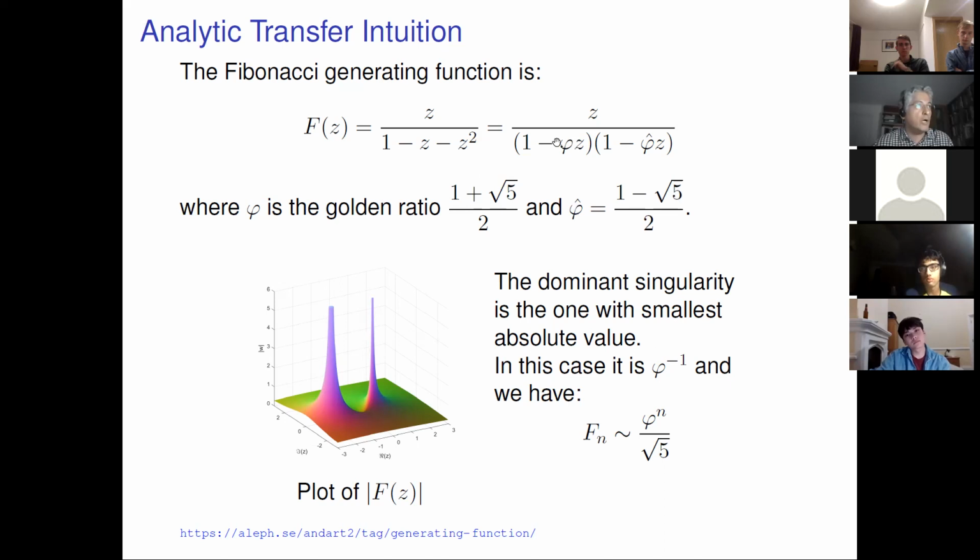I have written it this way so that the singularity phi to the -1 is the one closest to the origin, and that is the one that gives you the asymptotic behavior. Obviously, you could decompose this with partial fraction decomposition and get this result elementarily.